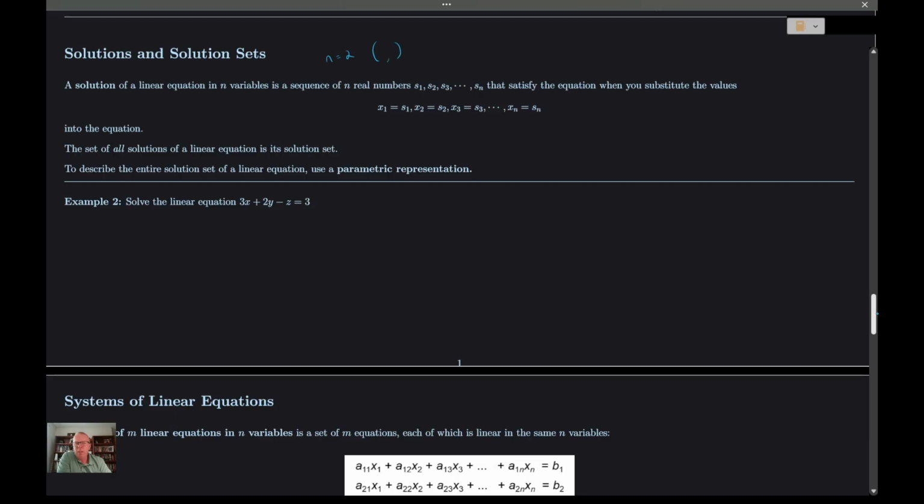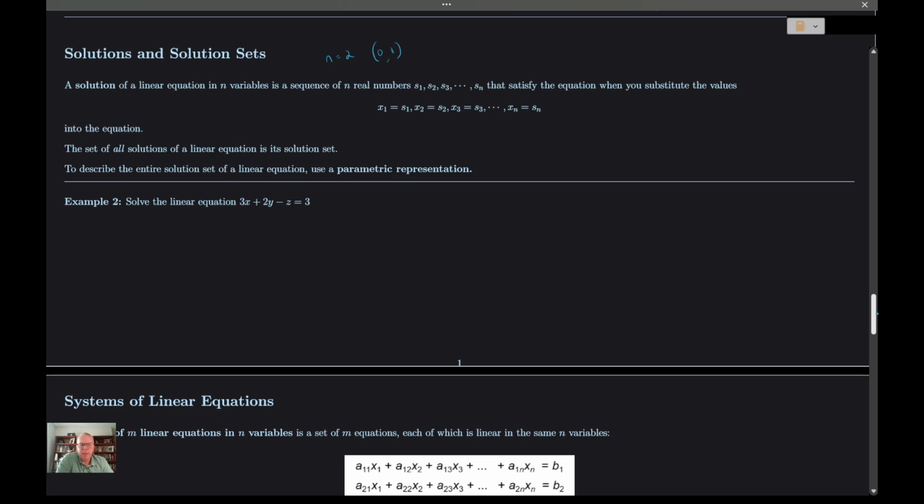So you'd have, say, 0, 1, where 0 satisfies the x, 1 satisfies the y. If you have n variables, you're going to have n real numbers in this sequence and not just 2. So it satisfies the equation when you substitute the values. The set of all solutions of a linear equation is its solution set.